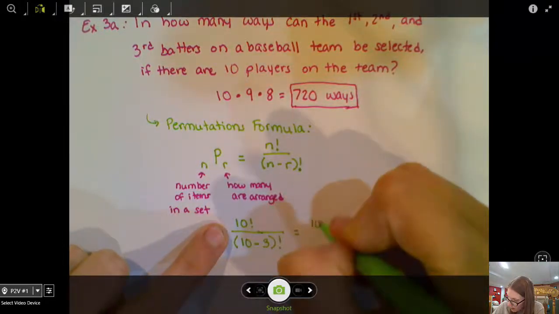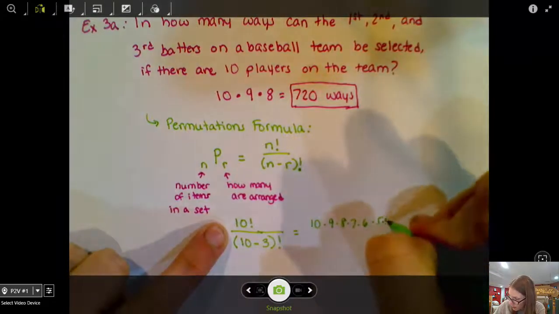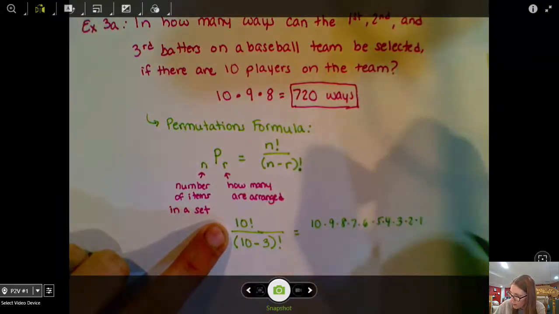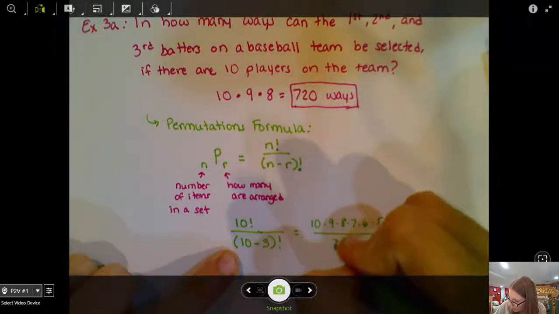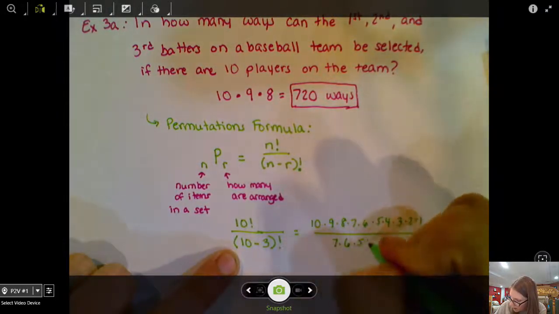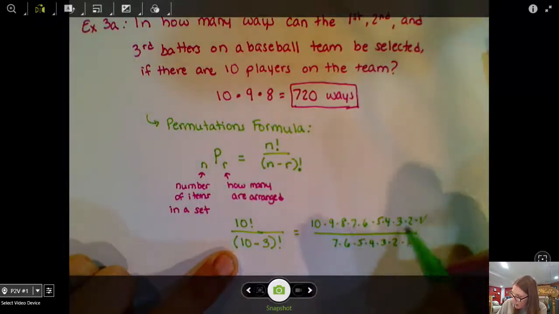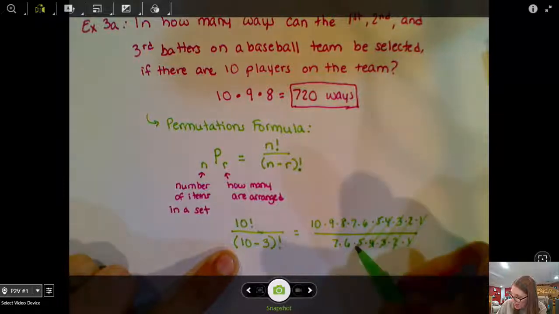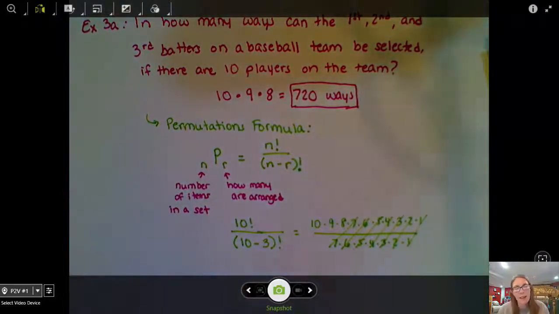That 10 factorial is 10 times 9 times 8 times 7 times 6 times 5 times 4 times 3 times 2 times 1 over 10 minus 3, which is 7 factorial: 7 times 6 times 5 times 4 times 3 times 2 times 1. These really all cancel out. And look at what we're left with, the 10 times 9 times 8. So just another way to get there.